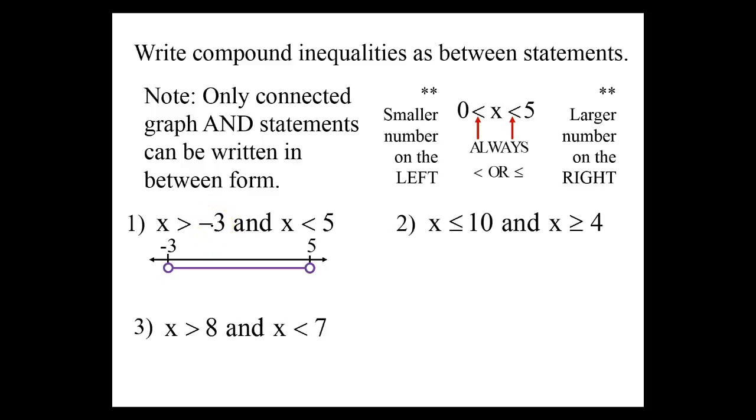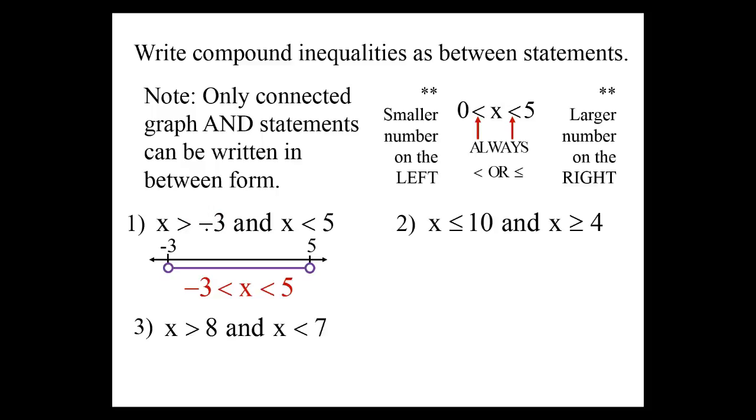We're going to flip that one around, and that will be on the left, and we'll just simply put the less than 5 on the right side of the between statement, and we'll get something like this.